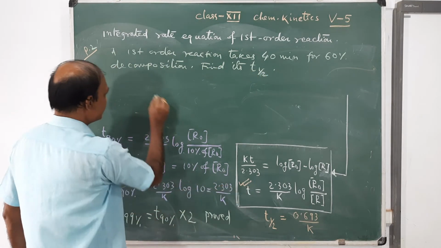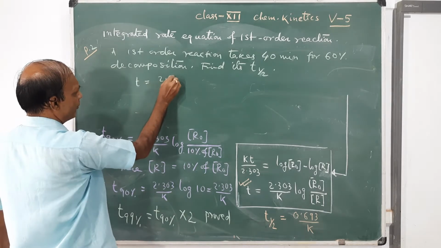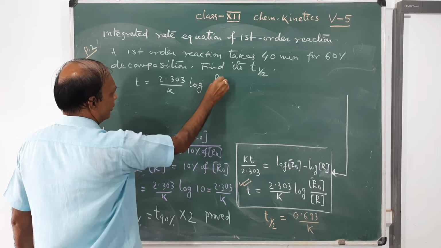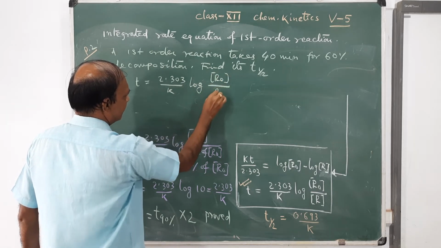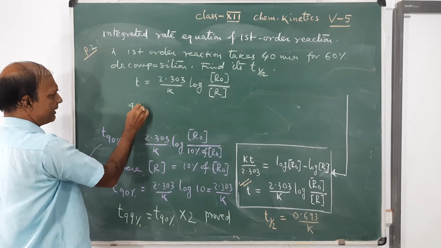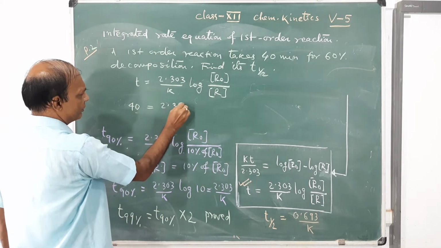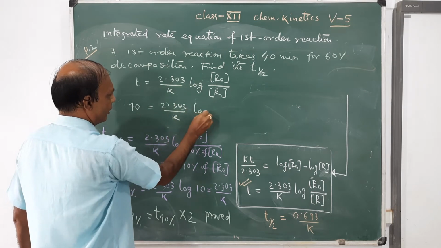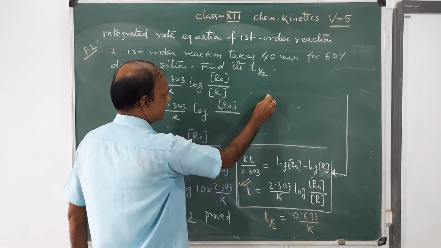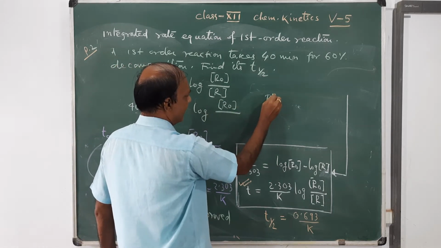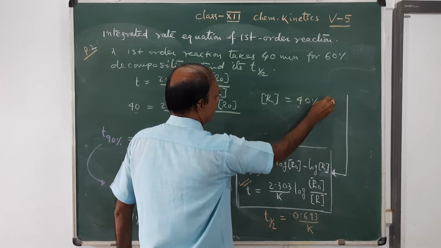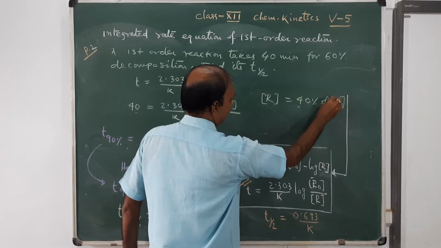Therefore, from this equation, T equals 2.303 by K log R naught by R, time is given 40 minutes. Here the relation is given: R equals 40% of R naught.